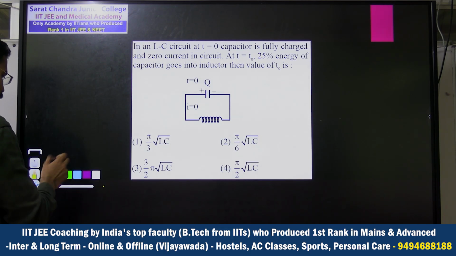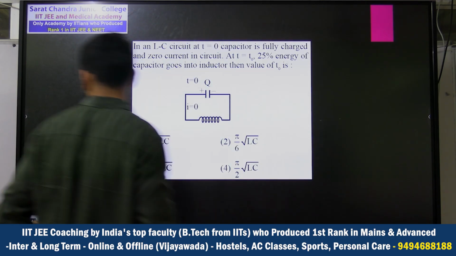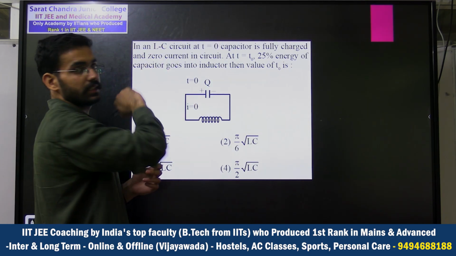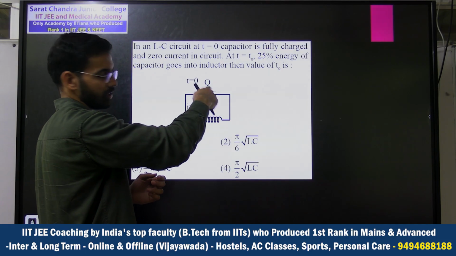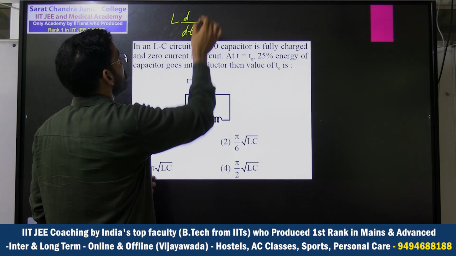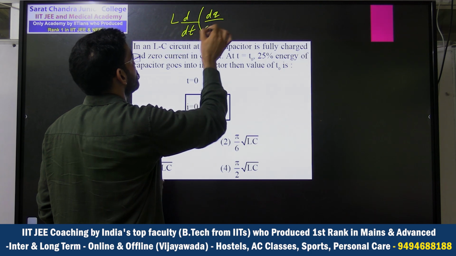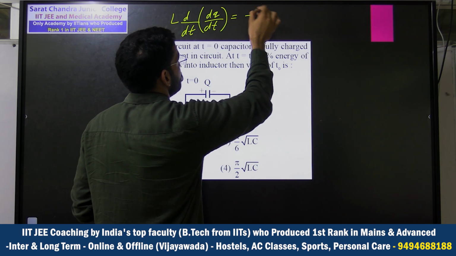If you remember, if not, that's your headache. How did we do that? At any point of time, if you apply the KVL, you will get L di by dt, so I, you can say dq by dt, is equal to minus V. V is what?